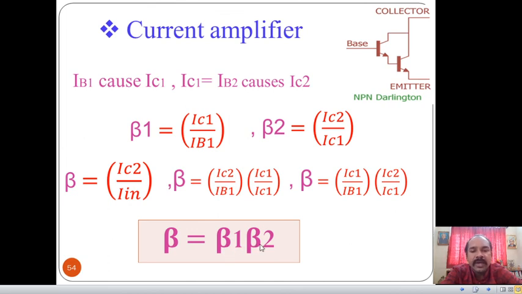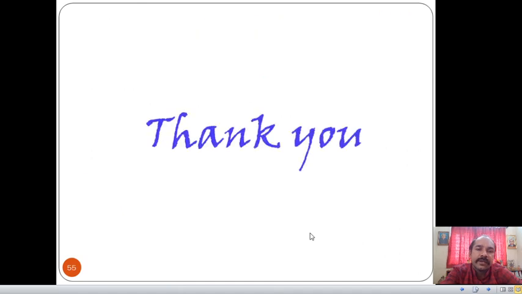Beta is simply IC2 divided by IIN, or IB1. Putting this in the equation, IC2 is equal to beta 1 multiplied by beta 2 multiplied by IB1 or IIN. In this fashion, current is getting amplified. With this I would say thank you very much.